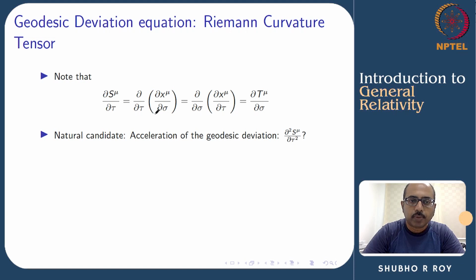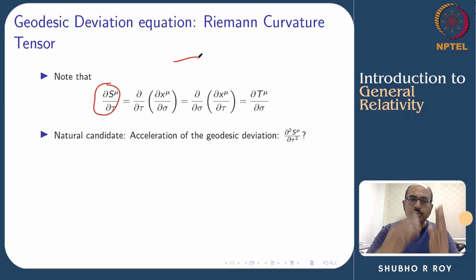So we can ask what is the natural candidate for a geodesic deviation, and perhaps some of you might think that this is a good candidate: del S mu del tau, how the separation is changing as I move along the geodesic.